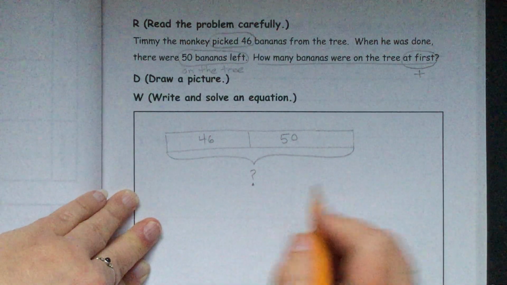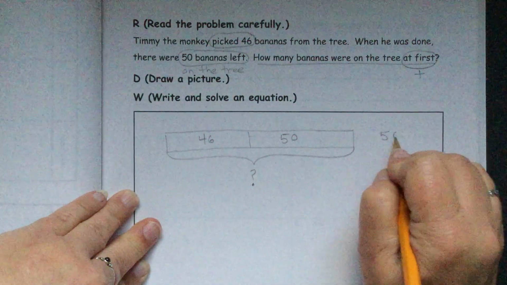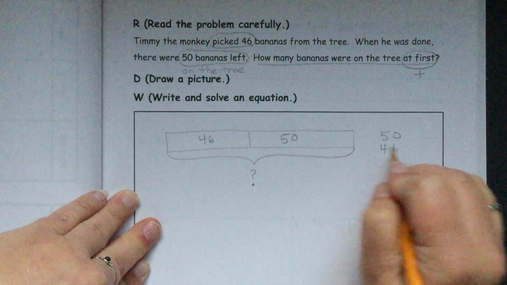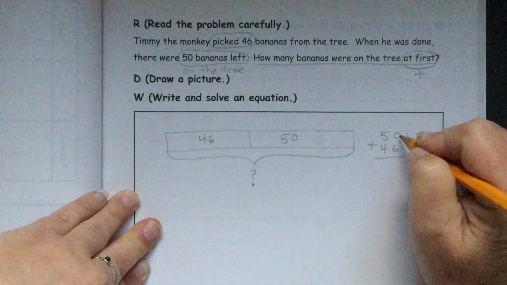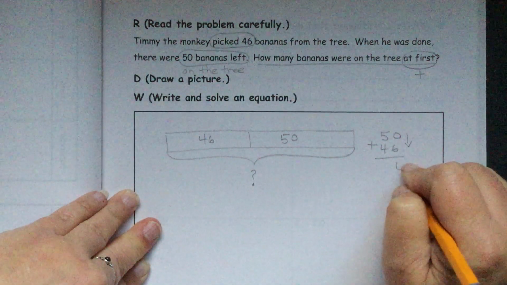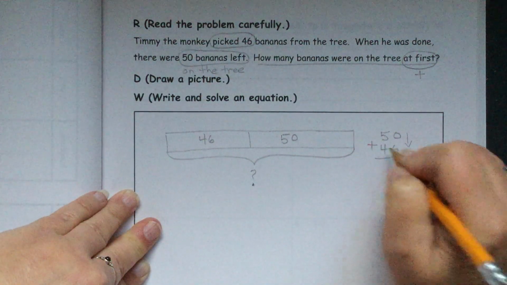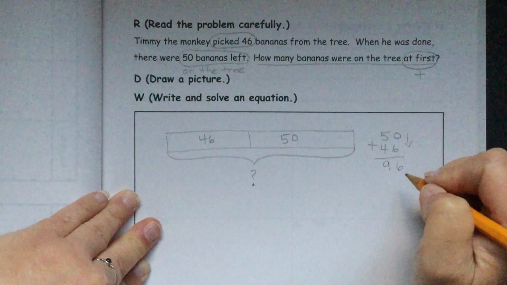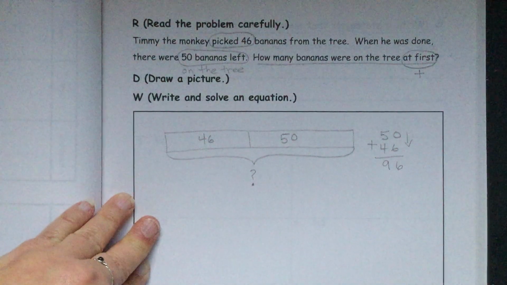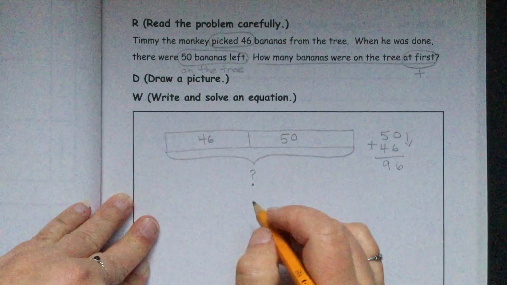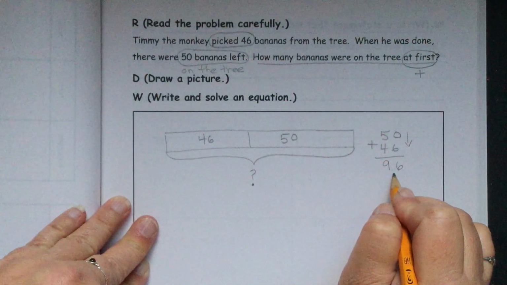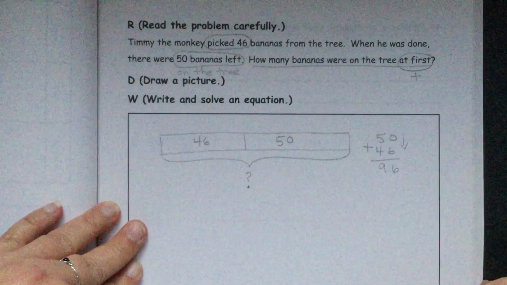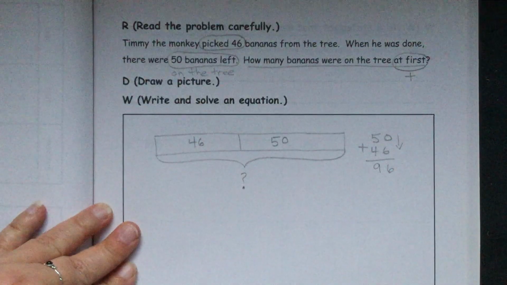Okay, so we could do our equation vertically. Okay, that means going down. 0 plus 6 is 6, and 5 plus 4 is 9. So then we know that there were 96 bananas on the tree at first. So now we need to write that sentence.